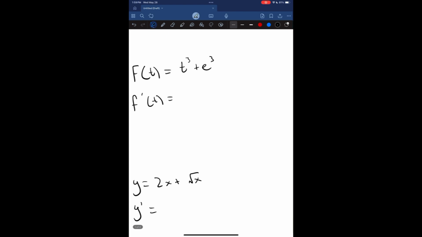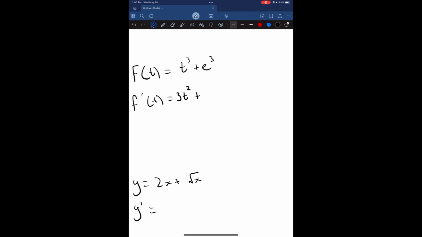I'll give you a little bit of time on this one. Okay, we're given the function f of t, and it's equal to t cubed plus e to the 3 power. We're asked to find the derivative of f of t. For this first term, we're just going to use the same power rule. We have an n value of 3, so we're going to multiply by 3, keep our t, and then do 3 minus 1, which is going to be 2.